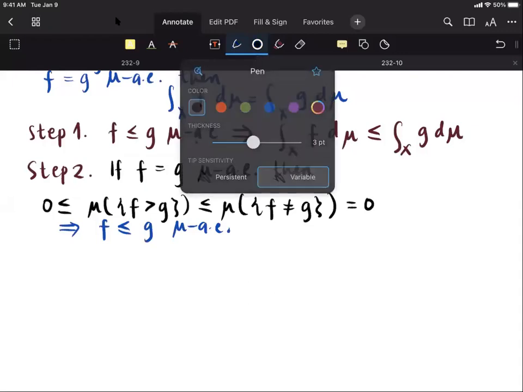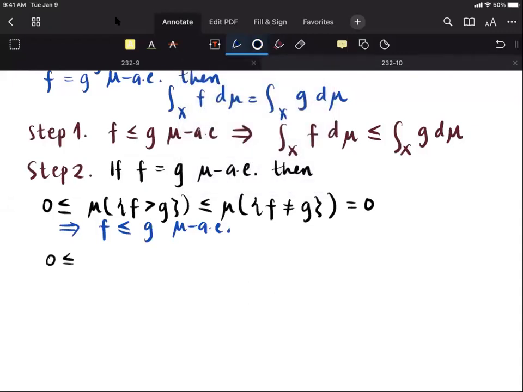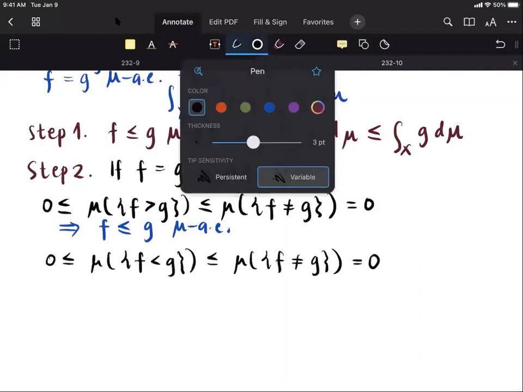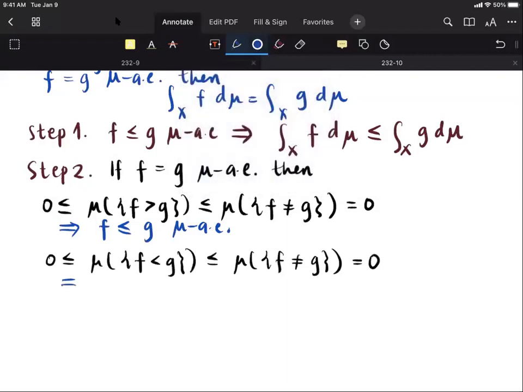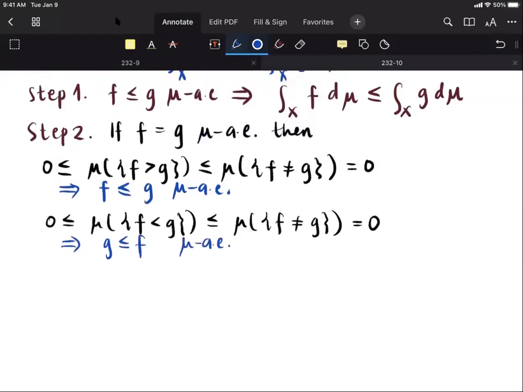And similarly, if you look at the set of points where f is less than g, again, that set is a subset of the set of points where f is not equal to g. And we see that g is less than or equal to f mu almost everywhere.